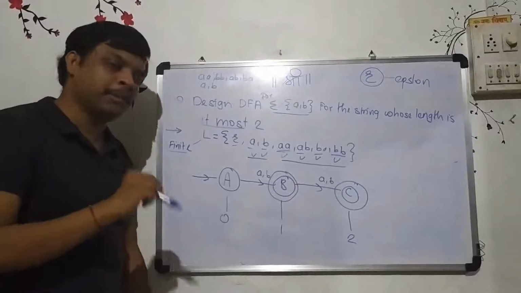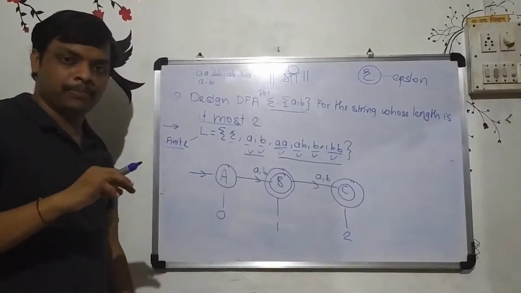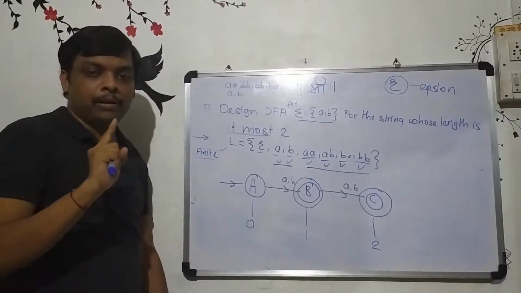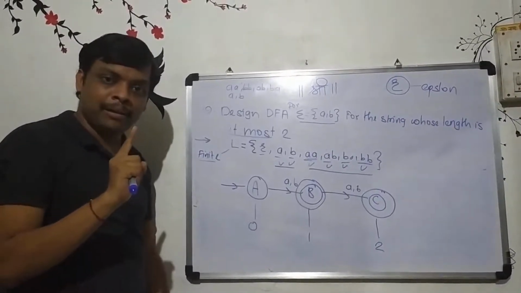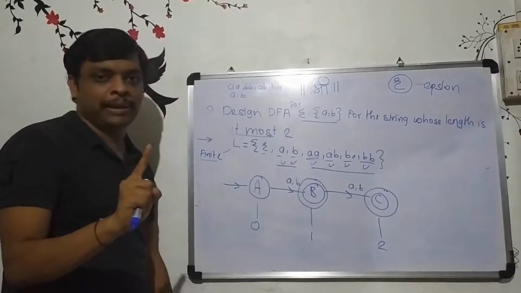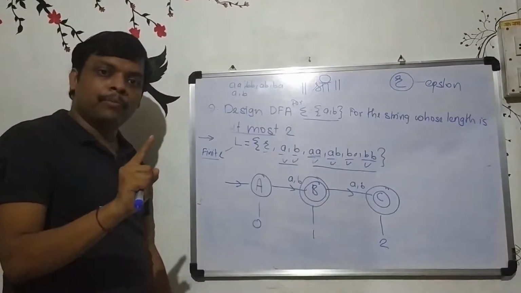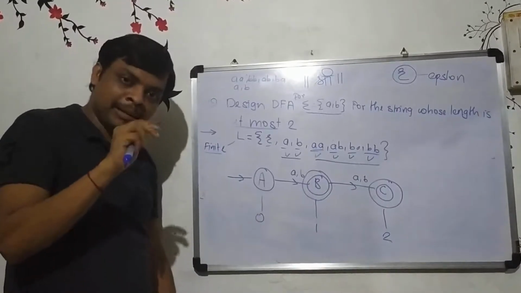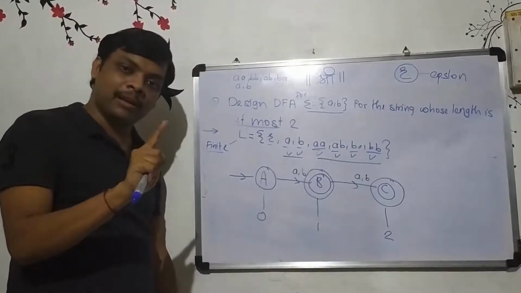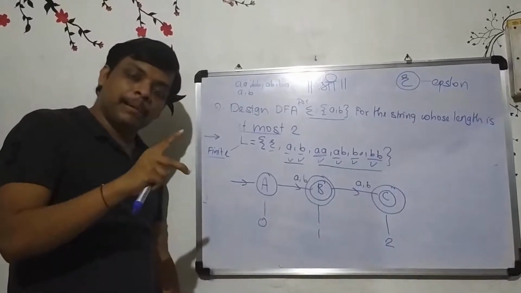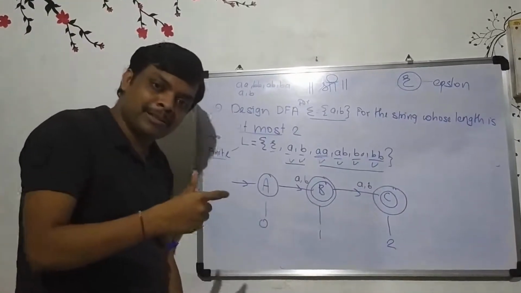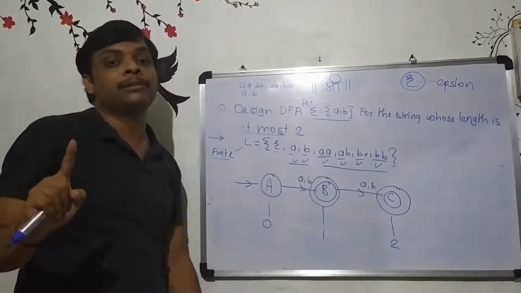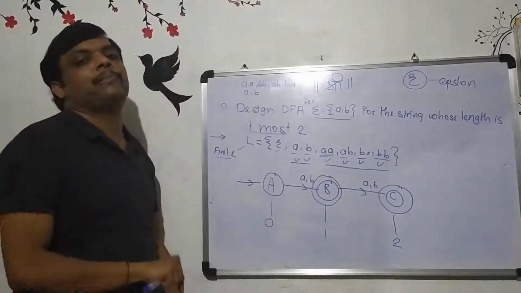Now if you remember, in the definition lecture of DFA I discussed one point: in a DFA there will be only one initial state present, and one or more final states may be present. So in a single DFA there exists only one initial state, and sometimes only one final state is present, sometimes 2, sometimes 3. So there is no restriction on final states, but there is a restriction on the initial state.